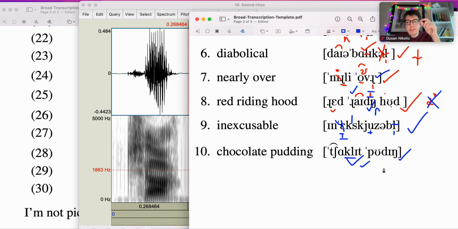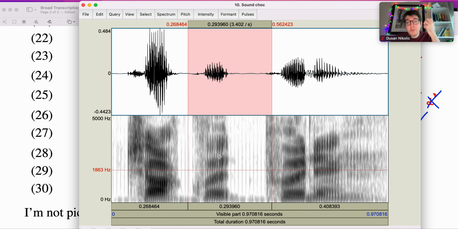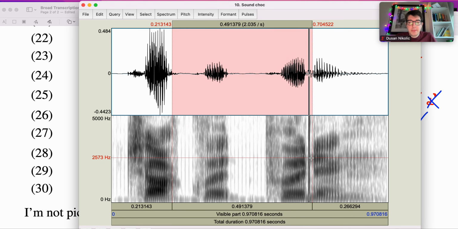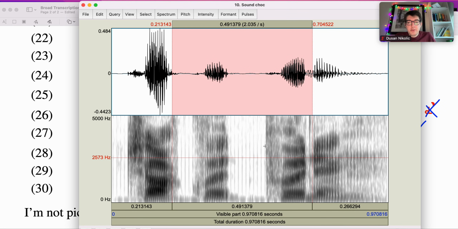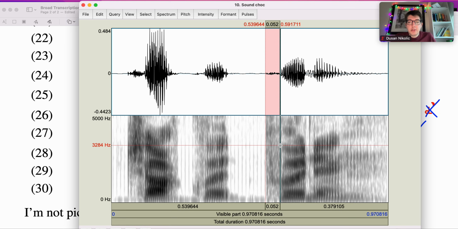Because chocolate t is immediately followed by p, you can maybe place here unreleased one. Chocolate pudding, because you cannot release it actually. There's no time.